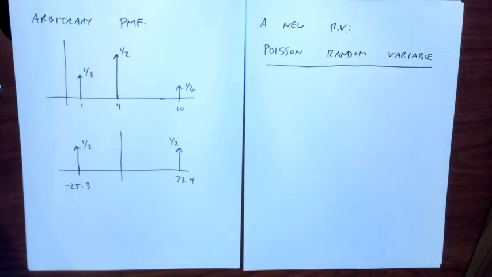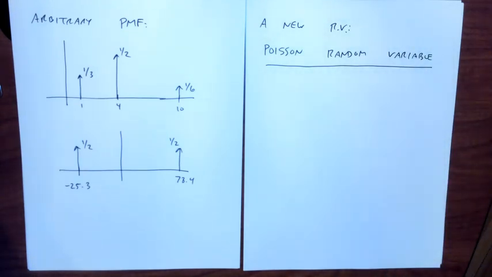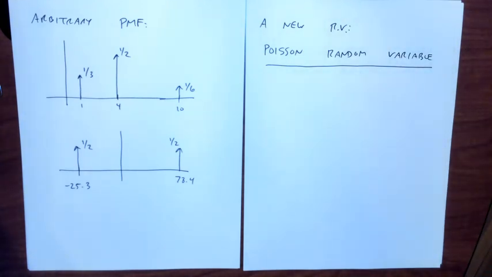The motivation for this kind of thing is basically situations where events are arriving at a certain rate, but the rate is kind of random. For example, I've got customers walking into the front door of my store, or packets arriving at a router, or cars passing a mile marker on the freeway, or phone call attempts bouncing off of a given cell tower, or photons of light hitting a photodetector.